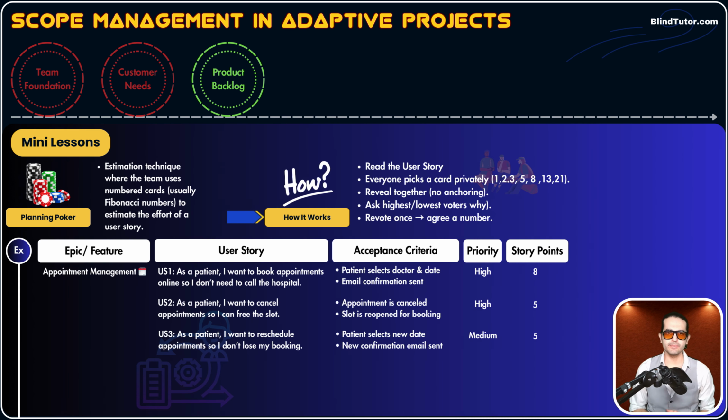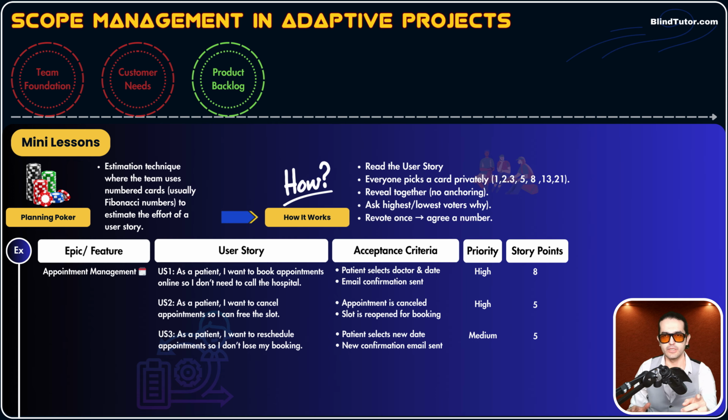And a question. Now, let's say different team members assign different numbers to each user story. Now what happens? Guys, for each user story, we devote 2 to 3 minutes, not more than that. Now, we ask the team member with the lowest assigned number for that user story.